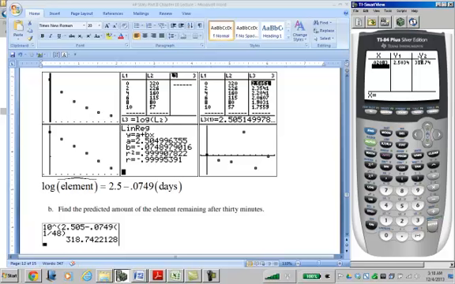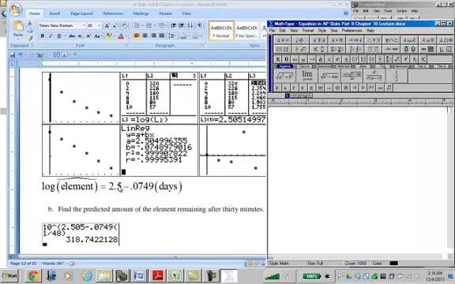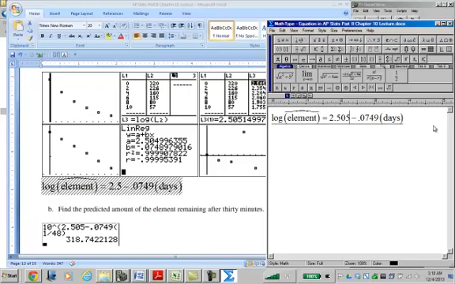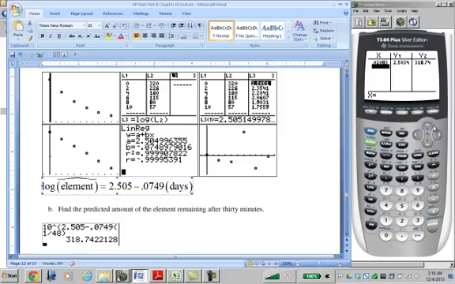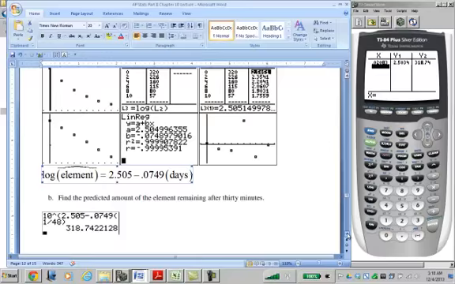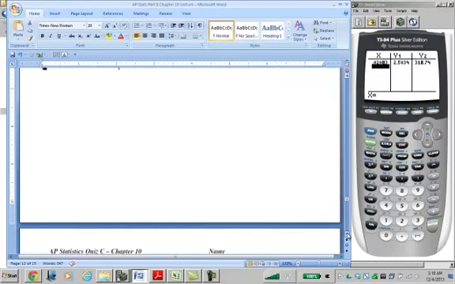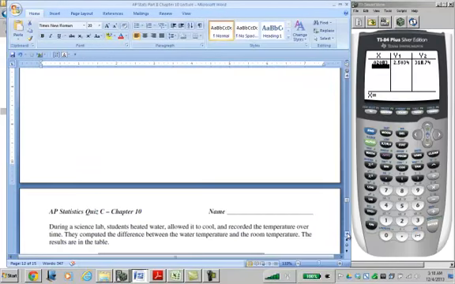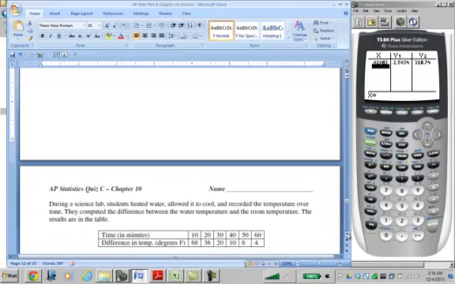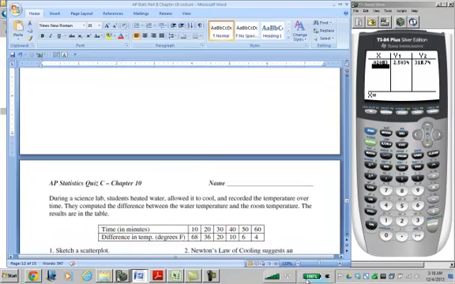Now, notice that's what I got here if I just use 2.505. So if I just hadn't rounded this as much, I would have been all right. So I just make this 2.505. That 05 makes a big difference. All right. So that's B. So that's that. All right. Let's stop this.